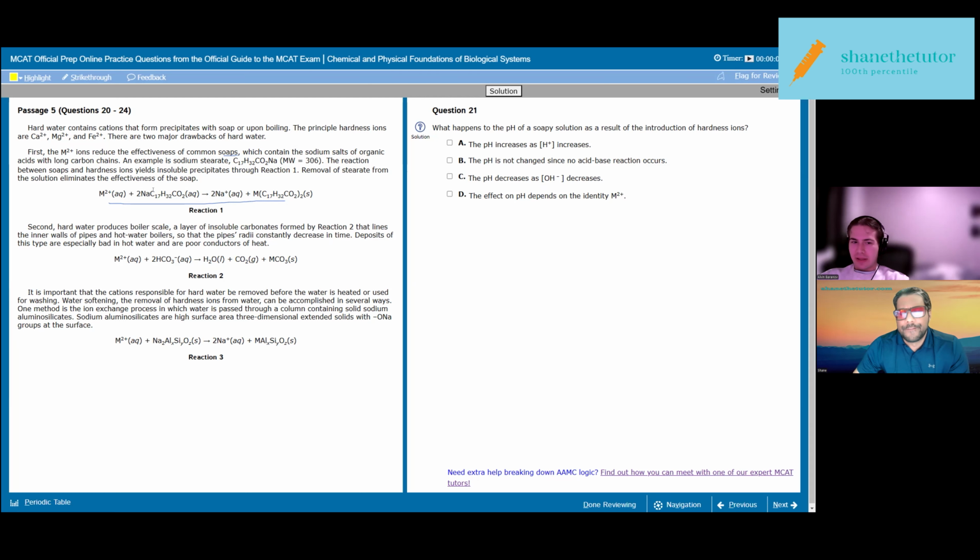I would think that it's not changing because I guess there are redox reactions. I don't really know. The pH of a soapy solution as a result of the introduction of hardness ions.